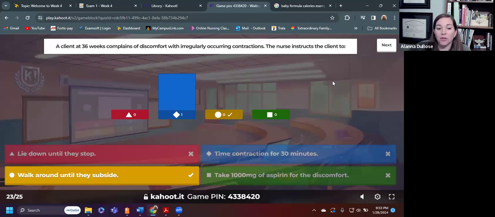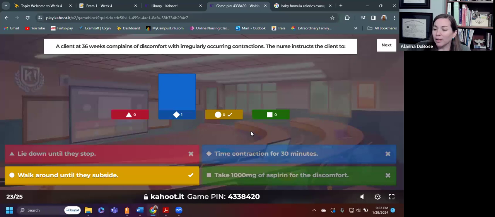So in false labor, walking around usually helps contractions go away. If she were walking around, and they started to get more frequent or intense, then she would need to go into the hospital to be assessed for that. But I don't think that blue is a bad suggestion at all.